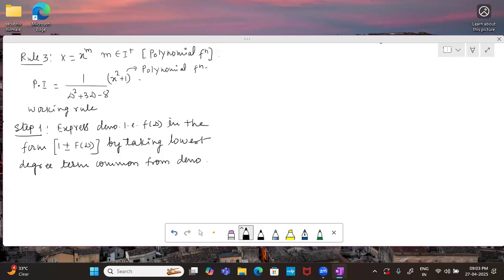So this is the first step. This PI is a somewhat complicated and time-consuming problem.